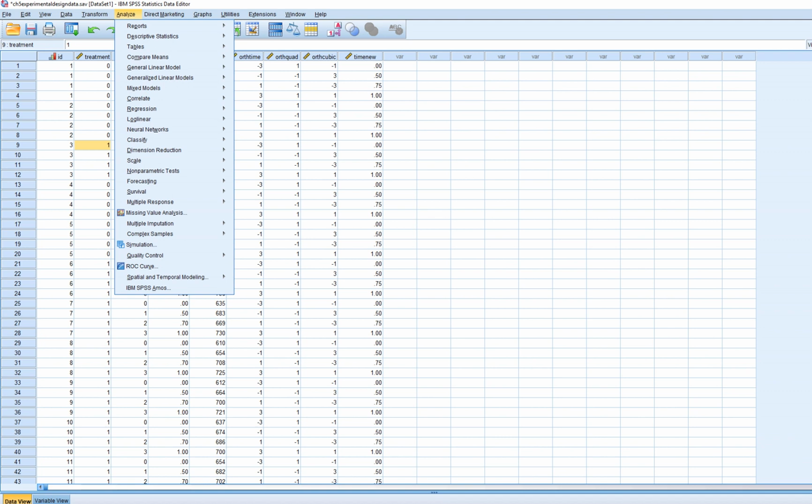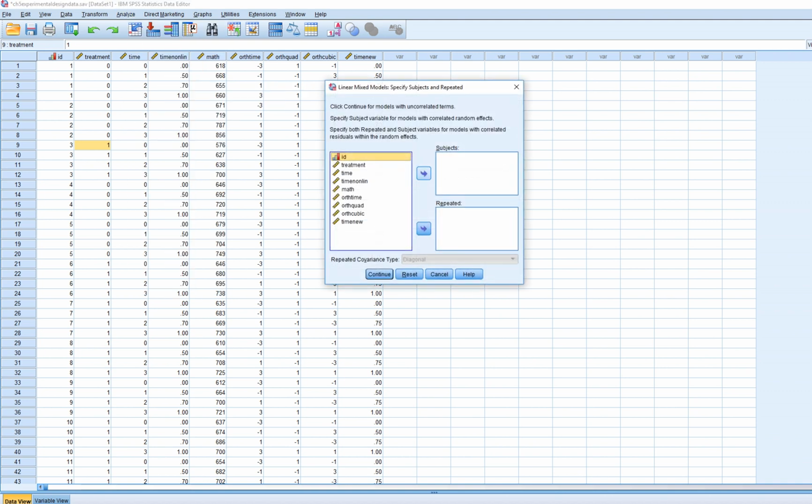So to carry out our analysis, following along with the example provided in the text, we're going to go to Analyze, Mixed Models, Linear. We'll move the ID variable over to the subjects box, and we'll move our time identifier over to the repeated box. The default in SPSS is a repeated covariance type that is a diagonal matrix.